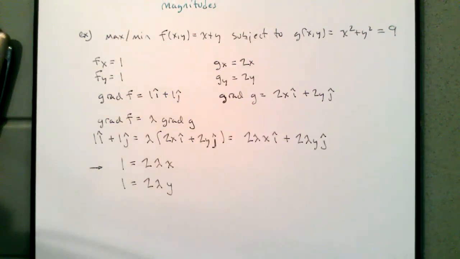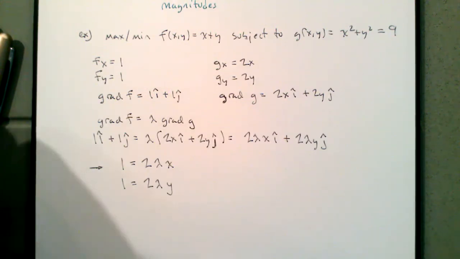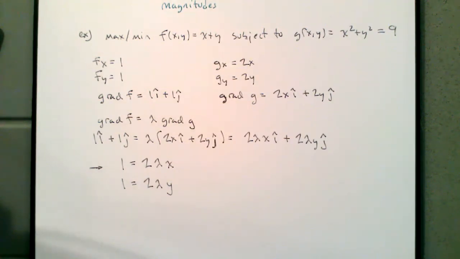If vectors are equal, then their components must be equal. Now we just have to figure out what this tells us about x and y. Secretly, we already know that this means that x is equal to y, and we can see that. If 2 lambda x is equal to 1 and 2 lambda y is equal to 1, we can solve this by saying that 2 lambda x must be equal to 2 lambda y.